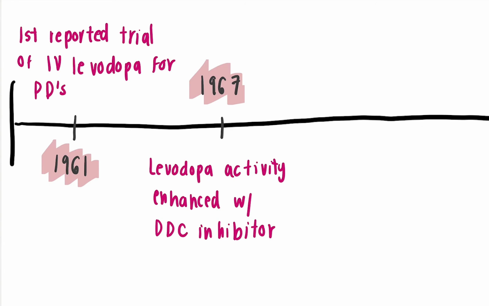The reason was DDC inhibitors did not cross the blood-brain barrier, so they were inhibiting DDC decarboxylation in the blood and allowing levodopa to reach the brain and be converted into dopamine there, which caused better results for Parkinson's disease patients.